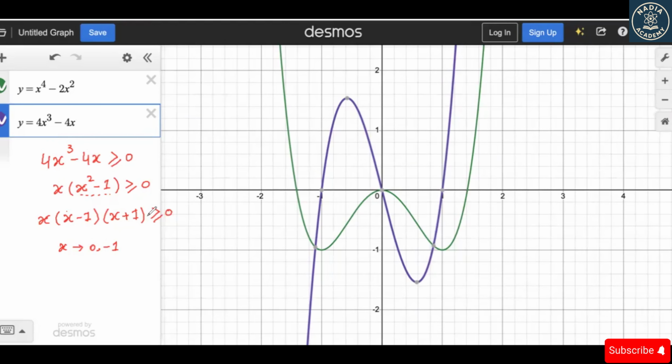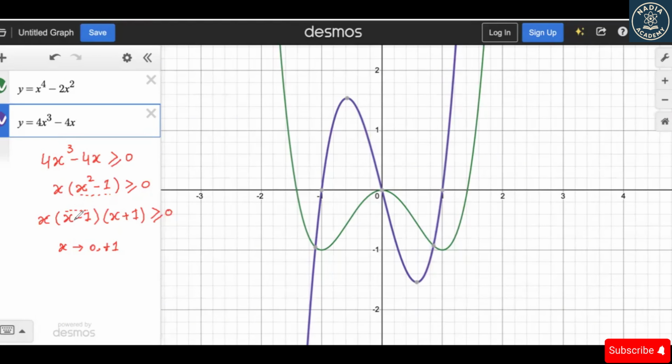When x is 0, everything is 0. When x goes from 0 to positive 1, then at positive 1 the second factor turns into 0.